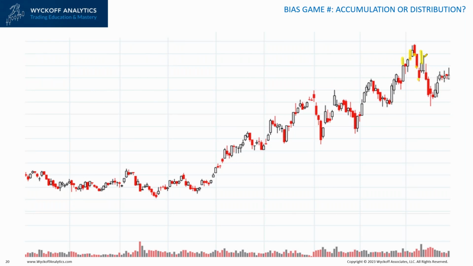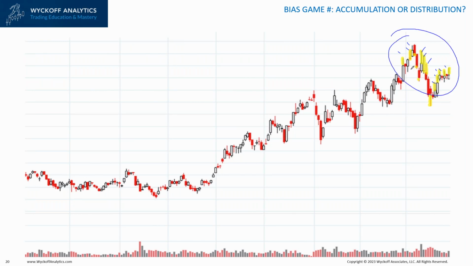Next day, trying to buy in intraday, and still selling into the close. Next day, trying to buy again and still selling. Then finally, demand is coming in, and what happens? Selling, selling, selling. And I'm looking at the tails, right? Tail, tail, tail, tail.